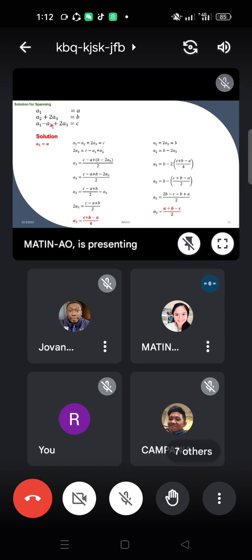So 2a sub 3 is equal to a sub 1, negative a sub 1, plus 2a sub 2. So I get the value for a sub 3. Okay? Then for the a sub 2, since I have the value of a sub 1 and a sub 3, for the a sub 2, from E, I move this 2a sub 3 to the other side, and then also for the a sub 2.